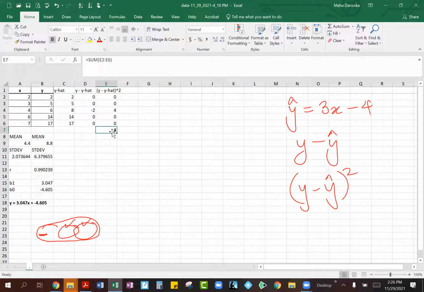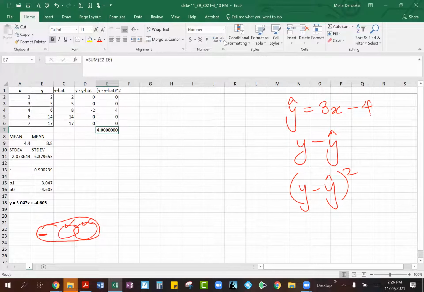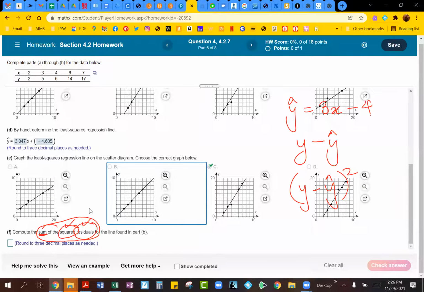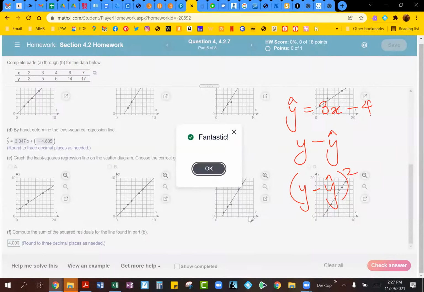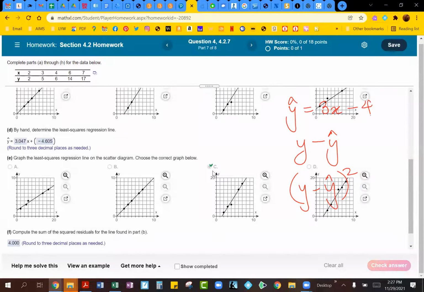So this is the sum of the residuals they're asking. And I think they are still doing 3 decimal places on this. It's going to come out to be the number 4. If they don't accept 4, you can do 4.000. Just to be safe, I'm going to type in those 3 extra zeros so we don't have to worry about that. And that came out great.